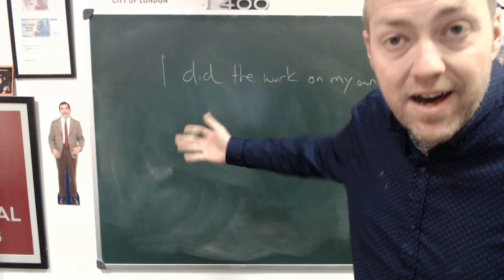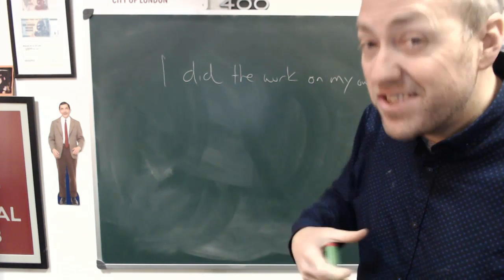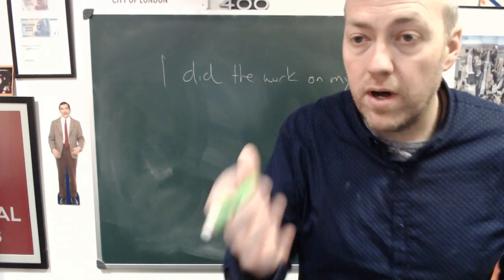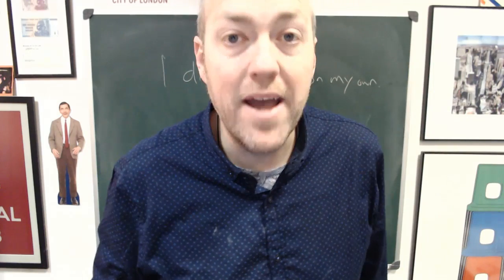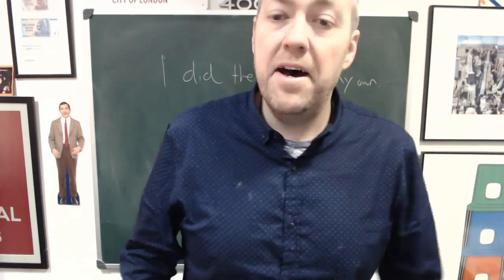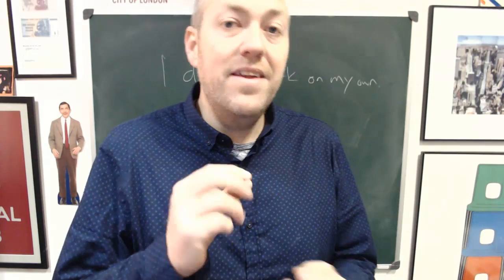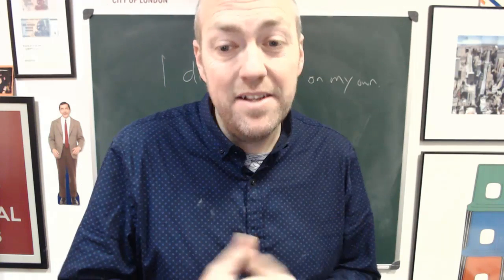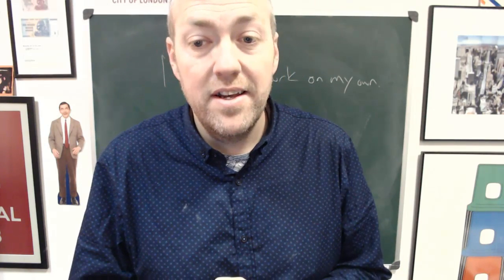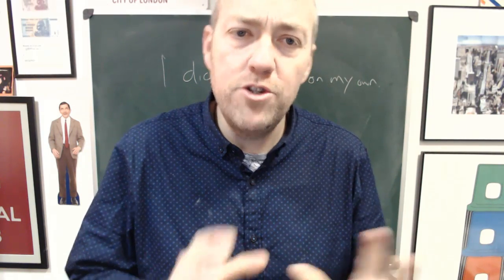Or you could say I did the work by myself, or I did the work on my own, okay? The difference in meaning depends on the context. But really, they are very, very similar, okay? So don't worry too much. You can use them as you like, okay?